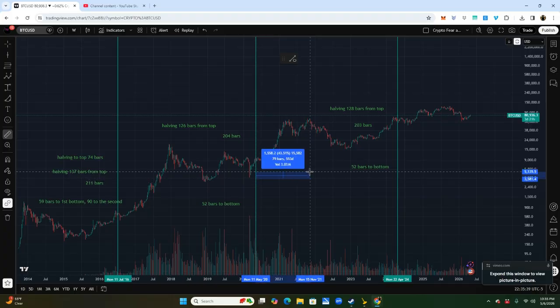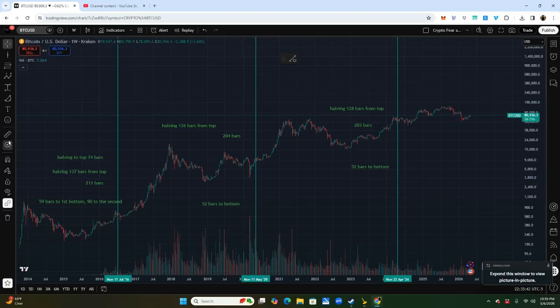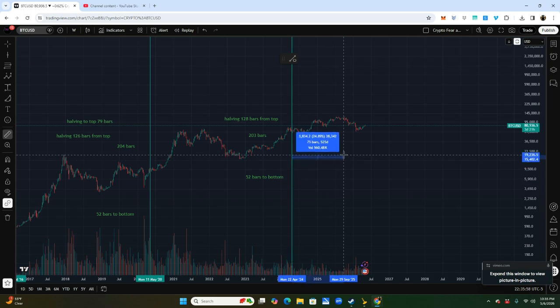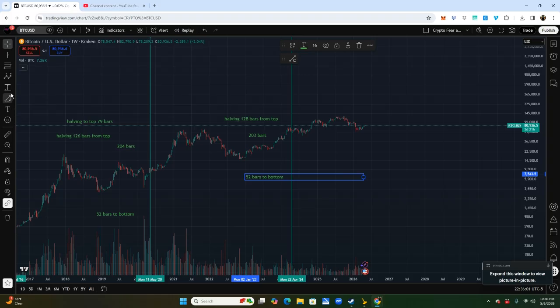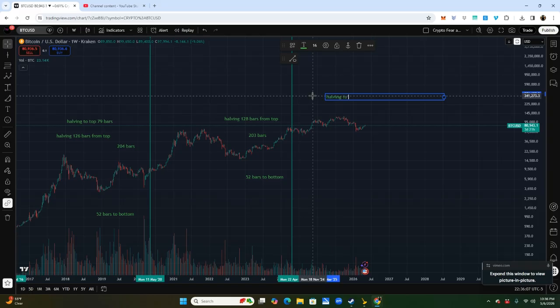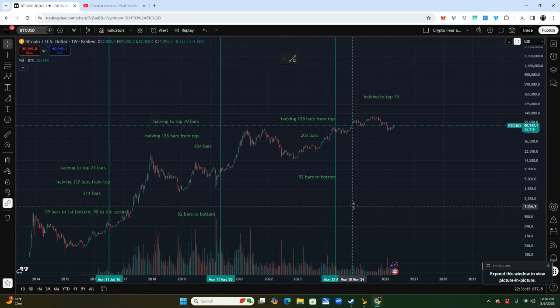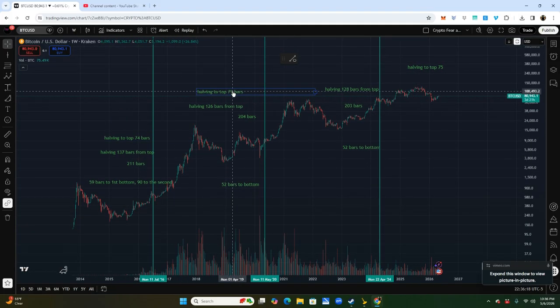Let me see. 79. And then halving to top here, about 75 bars.